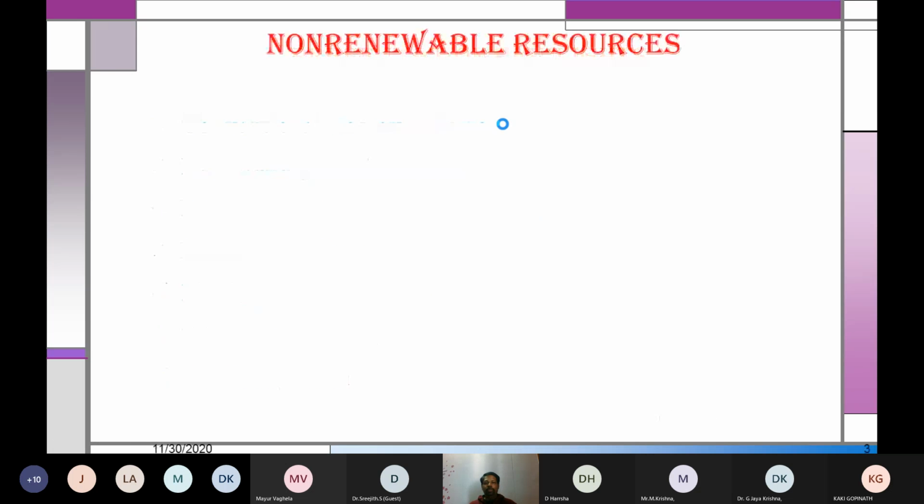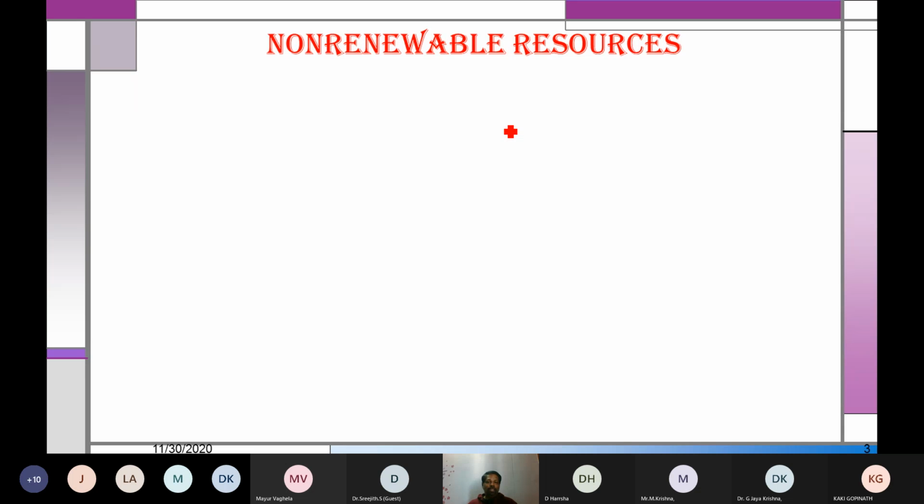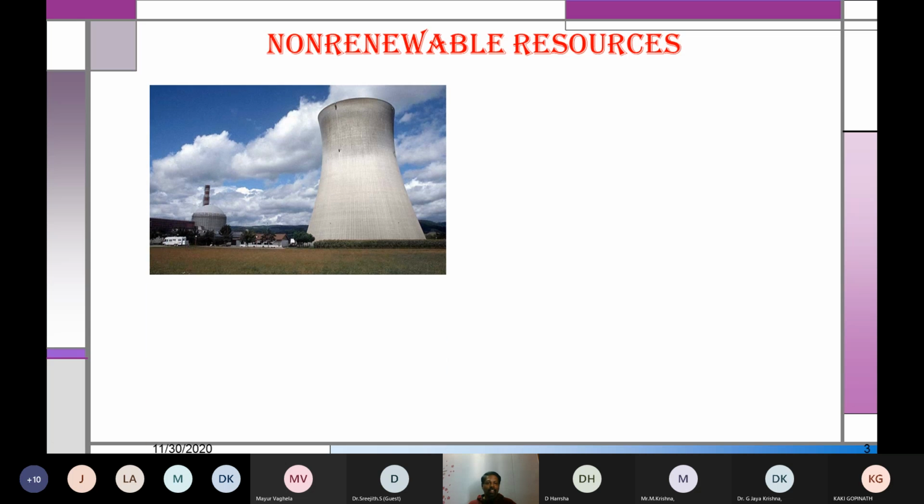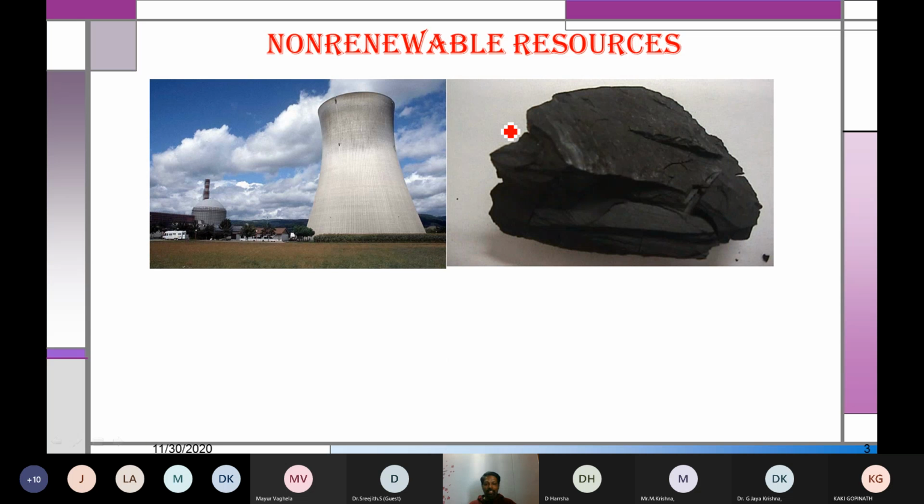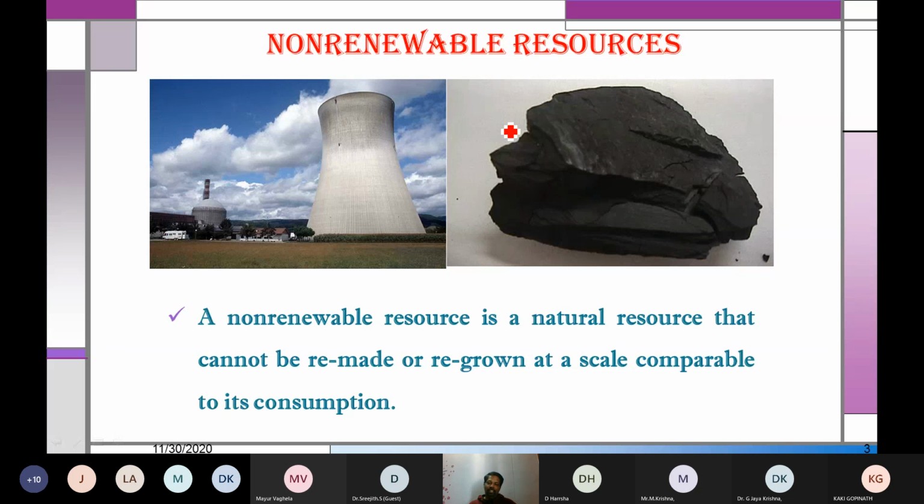Now, as we are going to see renewable energy sources, let's take a quick glance at what non-renewable energy sources are. From the name itself, it's clear, right? Non-renewable, so they are not renewable energy sources. Mostly they are natural resources only, but they cannot be regrown or remade.